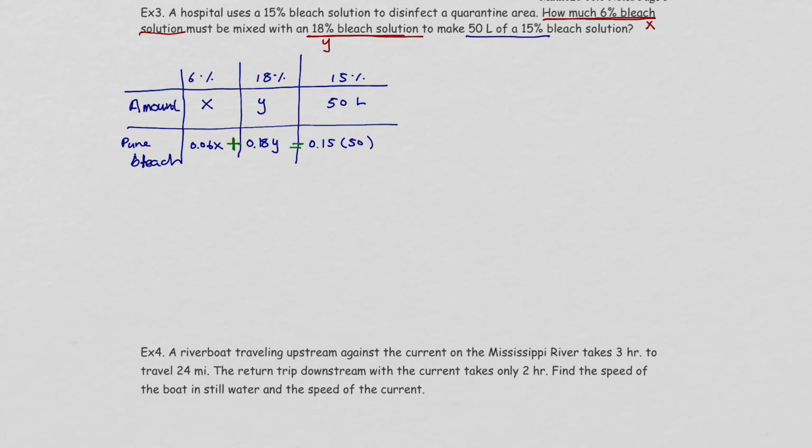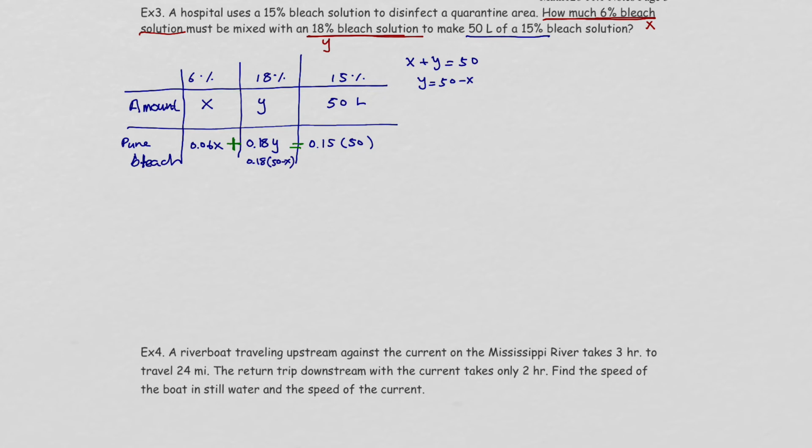And we know if we add these amounts, it should equal 50 liters. In other words, x amount plus y amount should be 50. So if you want to use only one variable by replacing y, y will equal 50 minus x. It means this one right here can be rewritten as 0.18 times 50 minus x, right?